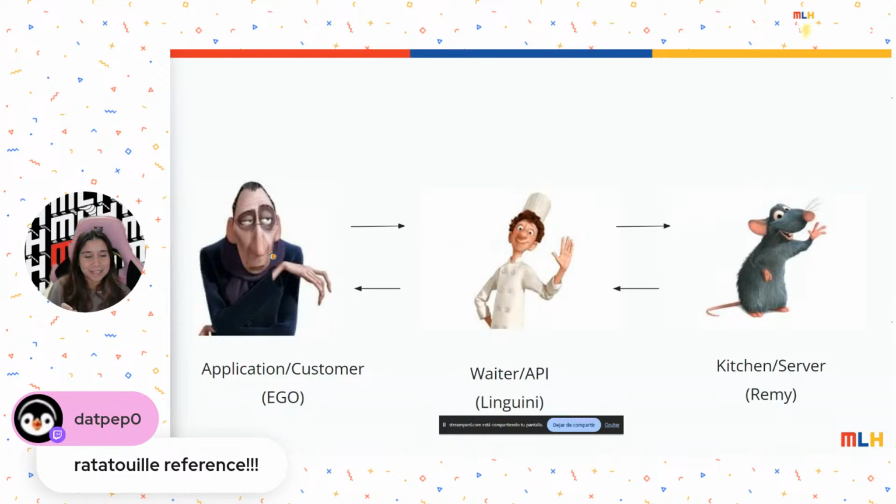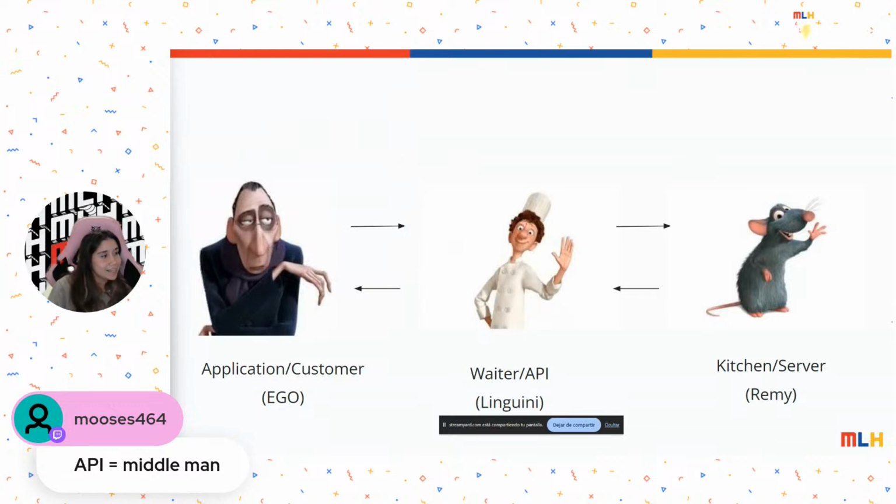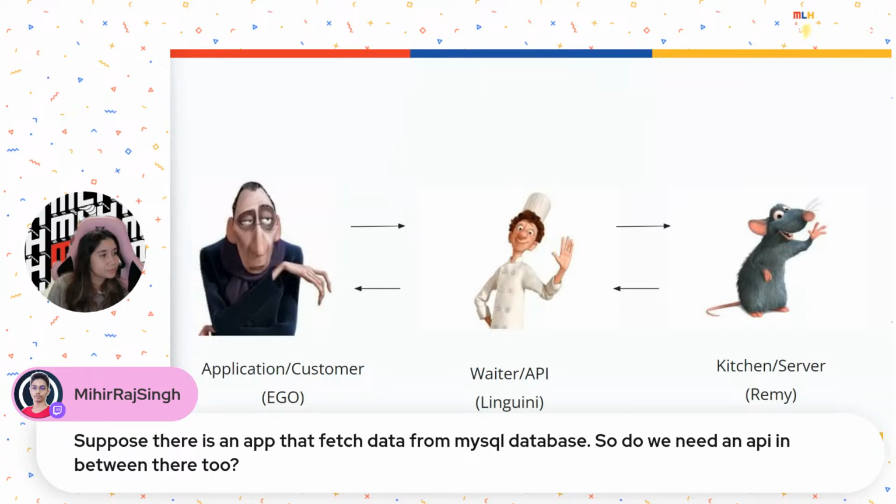My friend was like, why are you searching Ratatouille images for your MLH work? And I was like, you have to see this stream to understand why I'll be using these images. But yeah, you can actually see the API as a middleman or middlewoman. That's actually a nice reference.